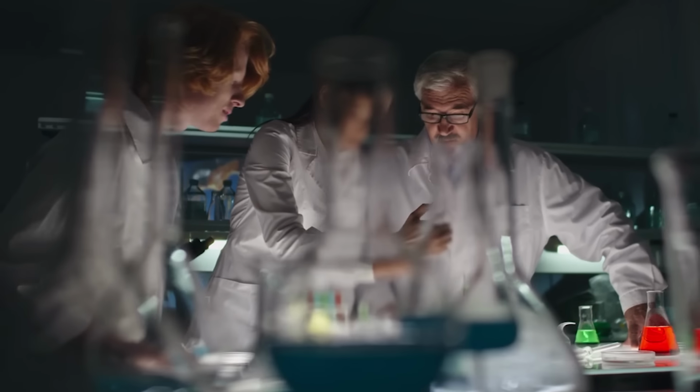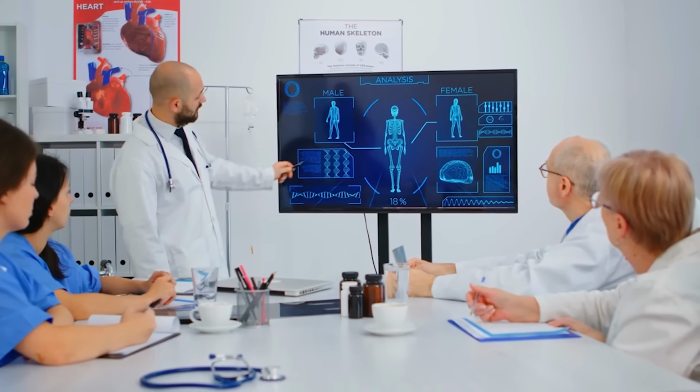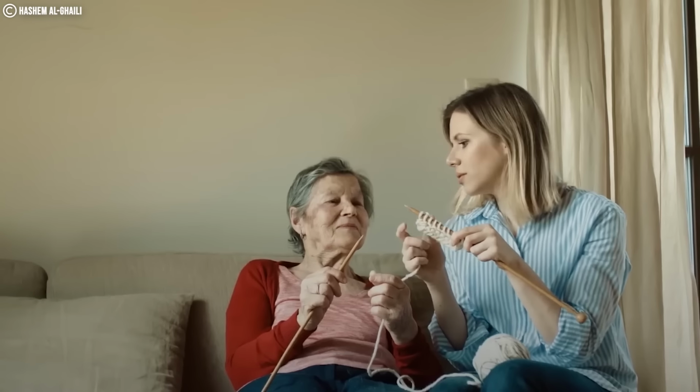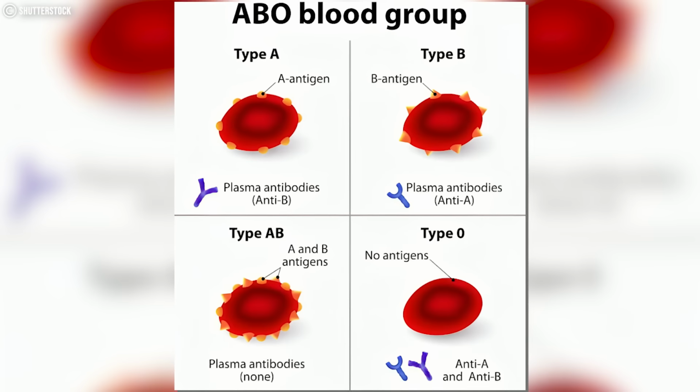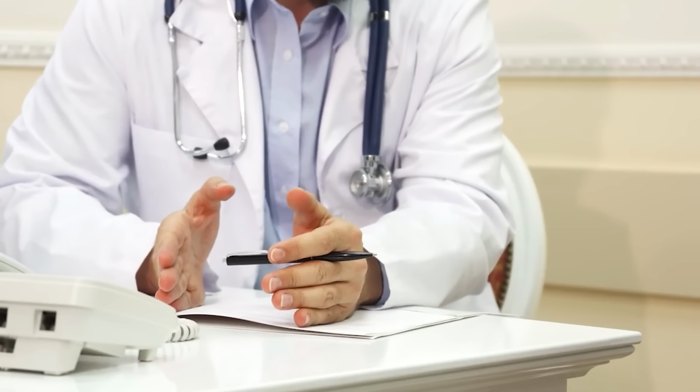That's not just trivia. It could eventually shape how personalized nutrition and medicine work. Imagine a future where your doctor doesn't just ask about your allergies or family history, but also your exact O subgroup before prescribing a treatment.